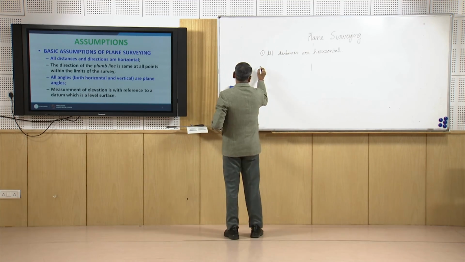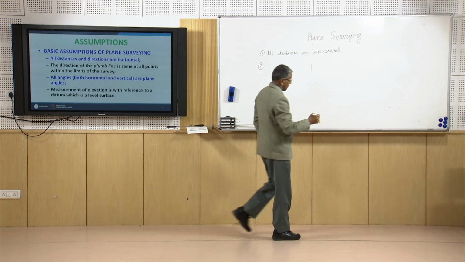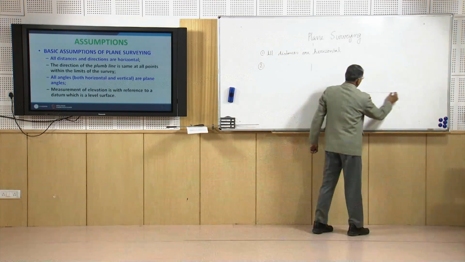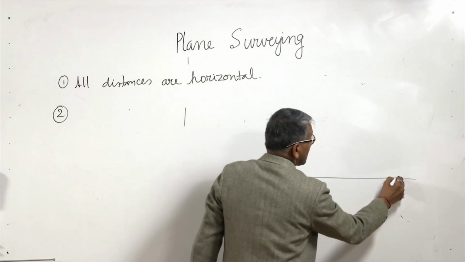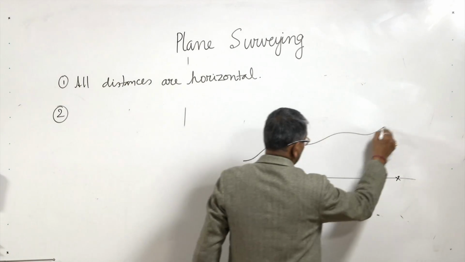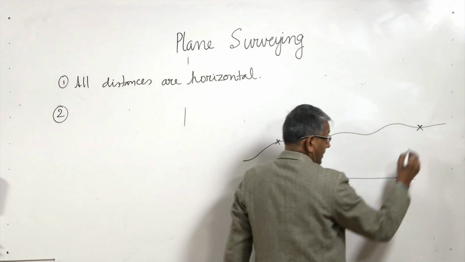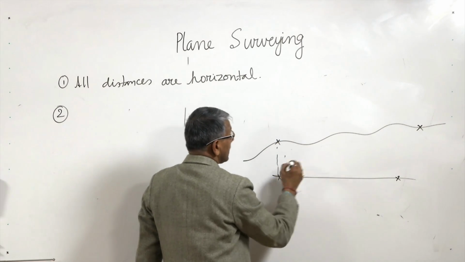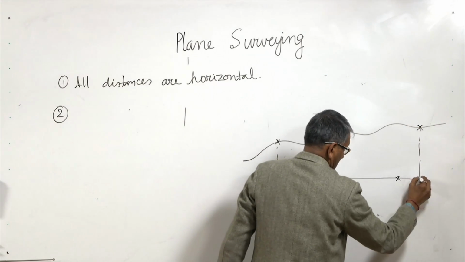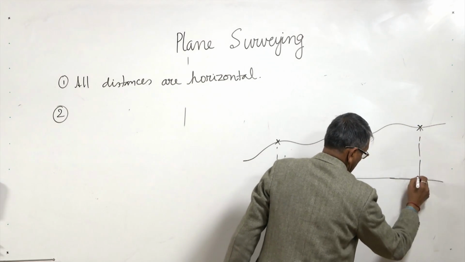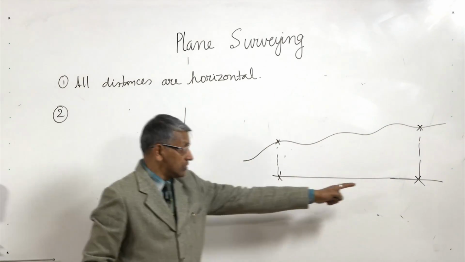Number 2. Suppose between any two points, as you know, the surface of the earth is something like that. Suppose A and B are the two points on the surface of the earth; we are thinking of the horizontal distance between these two points, like this.